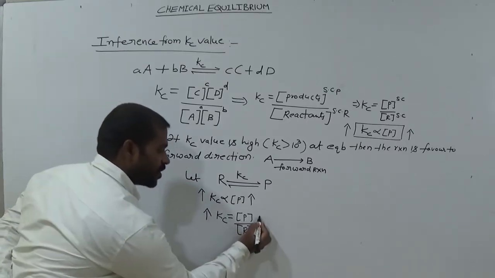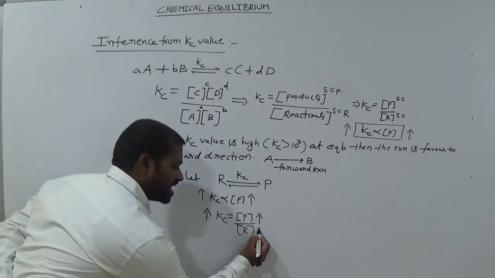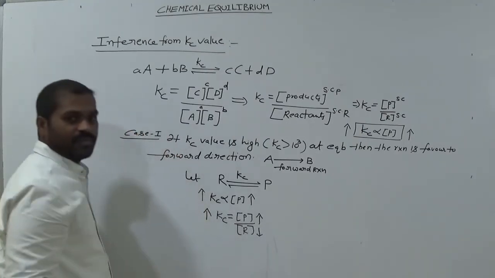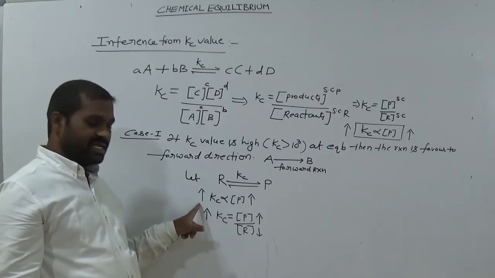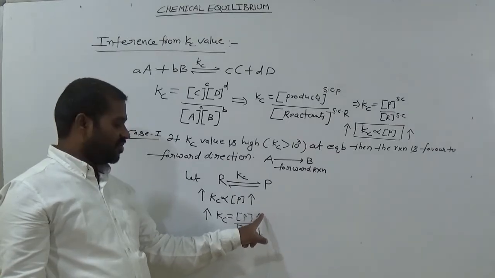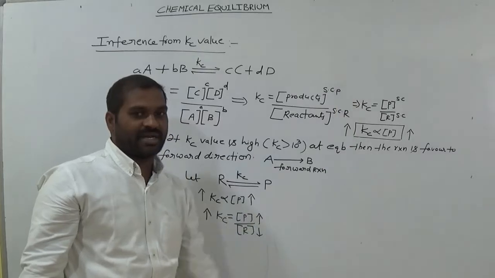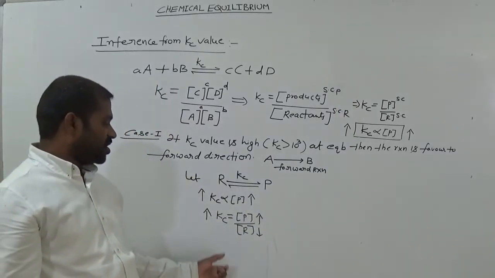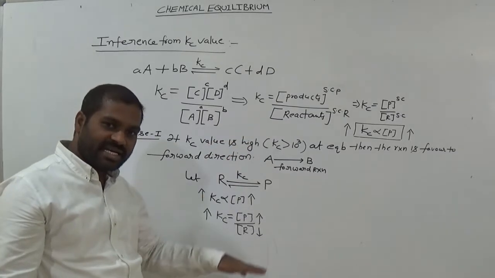That means the product concentration is very high, and the reactant concentration is very low. Am I right? When Kc is high, automatically the product concentration is high. Why? Because Kc is directly proportional to the molar concentration of products. So when product concentration increases, reactant concentration decreases. Am I right?